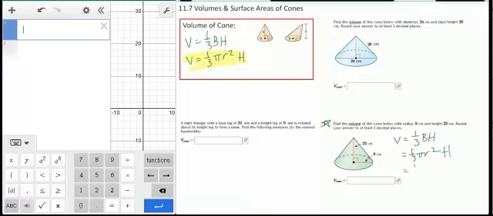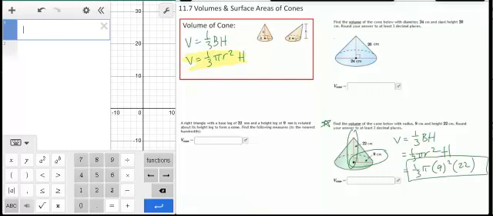And so if we plug in what we have right here, our radius is given as 9. Our height was given as 22. Look carefully at the arrows, because notice the number 22 kind of seems like it's on the hypotenuse, or what's called a slant height. But it's not. The arrow points to that vertical, that perpendicular. So that is the height.